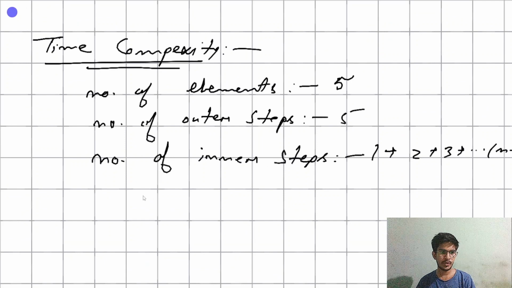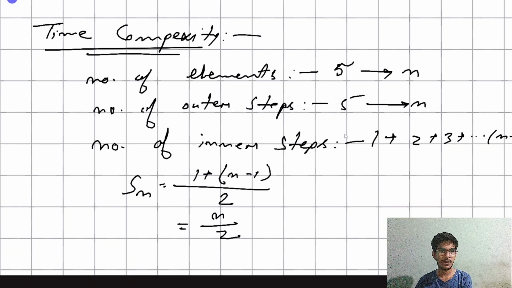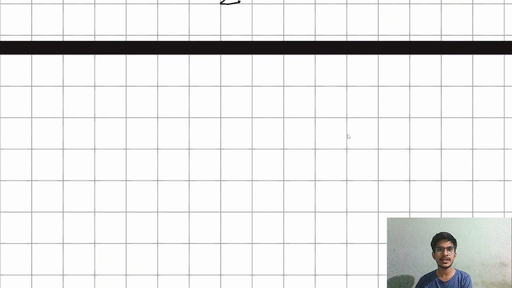Okay, so we know the Sn formula is the first term plus the last term divided by 2, right? And it gives you n upon 2. In this case, since we have n number of elements, the outer steps will also be n. So these are some observations we can say.